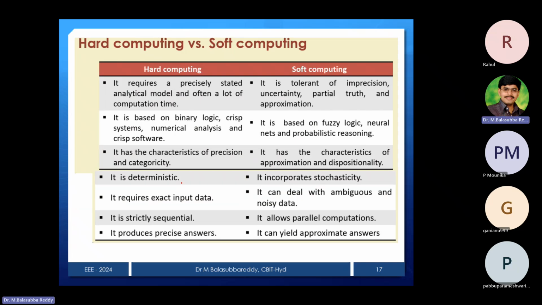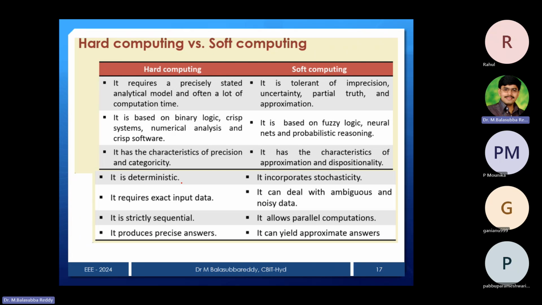And there is hard computing versus soft computing in comparison. You can see here what will happen if you compare this way. We observed hard computing and soft computing already. Hard computing requires a precisely stated analytical model and often a lot of computation time.